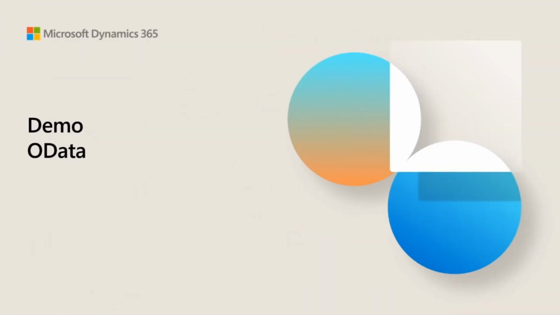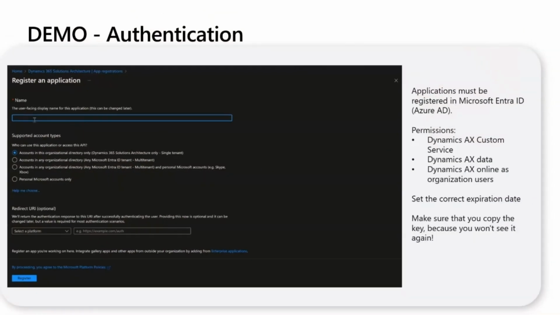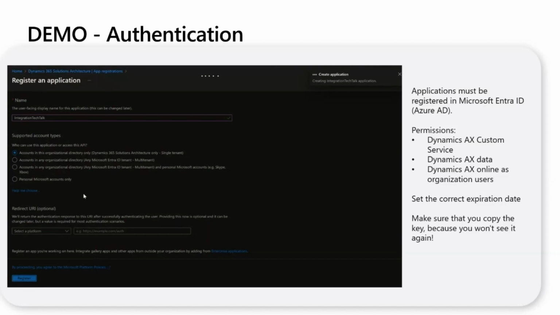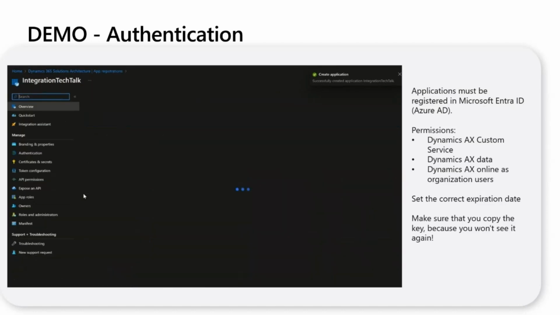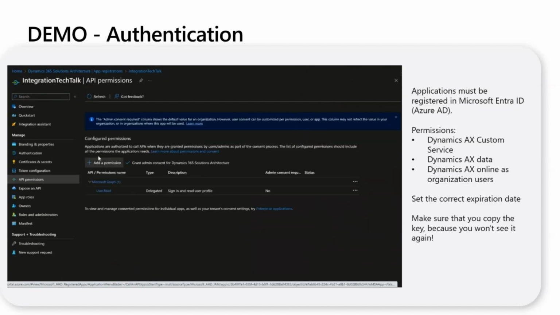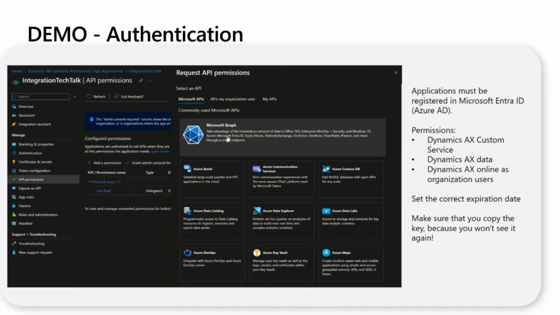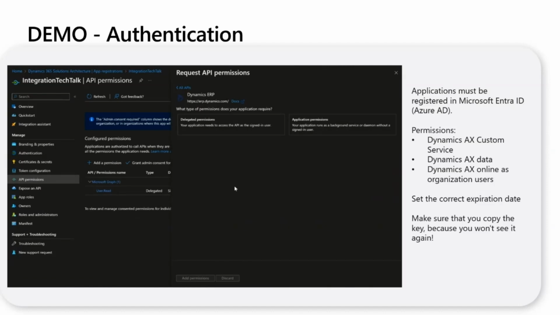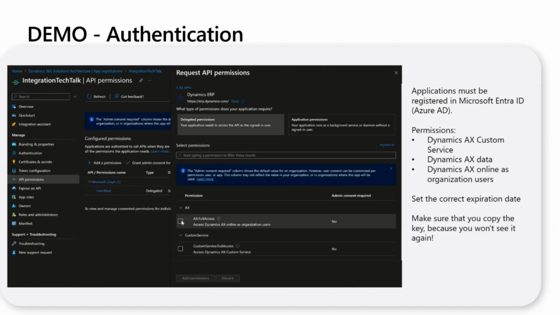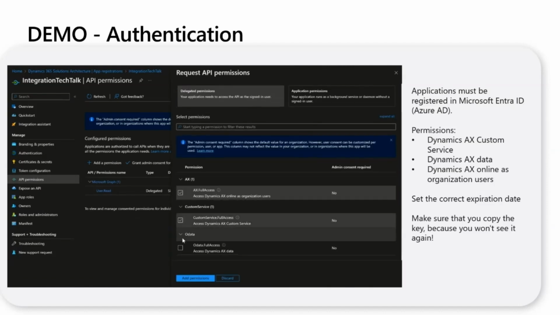Let's see a demo of this entire process, starting with the authentication setup. We need to register a new application in Microsoft Entra ID through the Azure portal. The second step is to create the permissions and allow the Dynamics ERP delegated permission for the application to work.